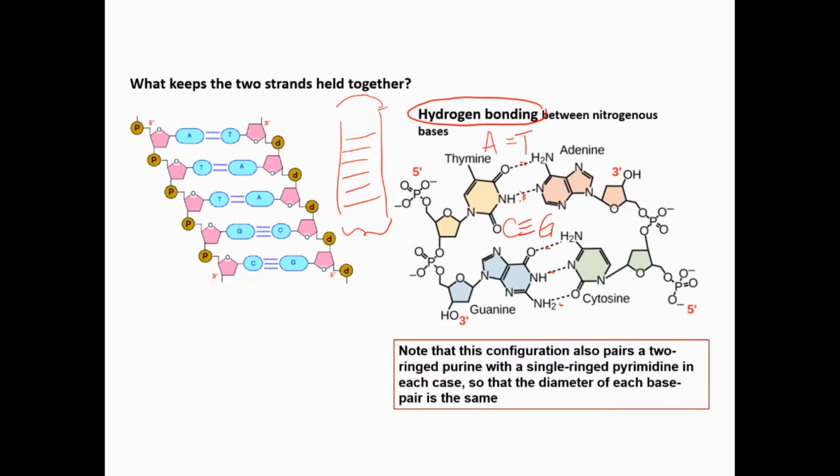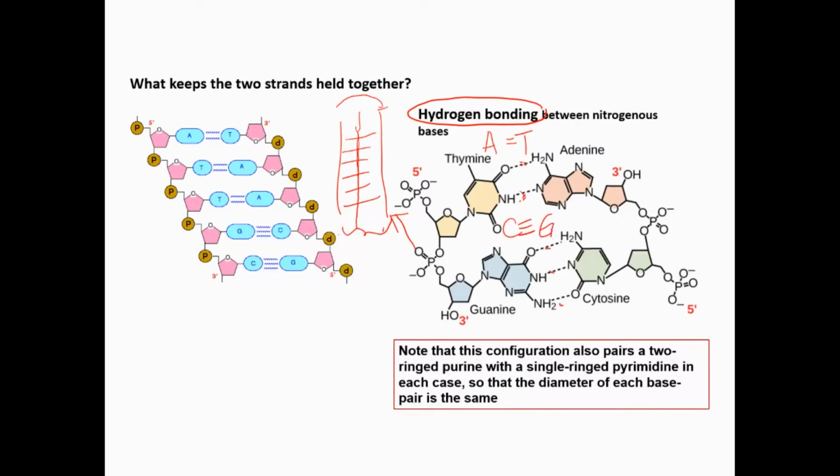So it's pretty easy for enzymes to break this hydrogen bond and separate the 2 strands when you need to replicate or transcribe DNA. In order to do those things, you have to separate the 2 strands first, and then you can work on each strand to replicate or transcribe. Okay, so that's the hydrogen bond between the 2 strands.